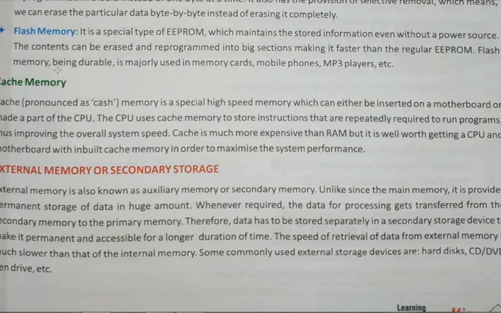For that, the system needs a proper overall improvement. It is quite expensive compared to RAM, but it is worth it, because when we have inbuilt cache memory, it helps the system boost the information properly and run the files very well.